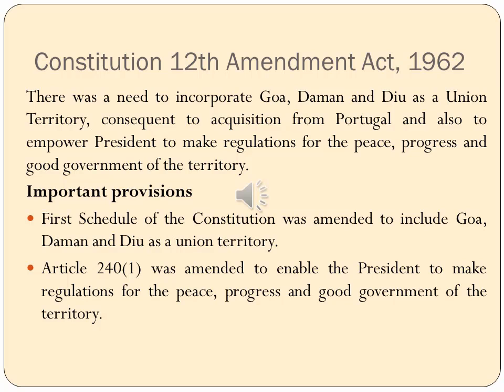So the first schedule of the constitution was amended to add Goa, Daman and Diu as part of the union territory, and Article 240 subclause 1 was amended so that the President got the rights to make the rules and regulations for the development, for the maintaining of peace and progress and good governance of these territories.